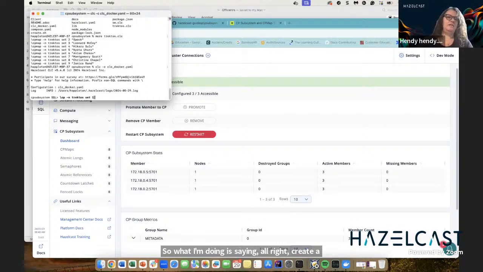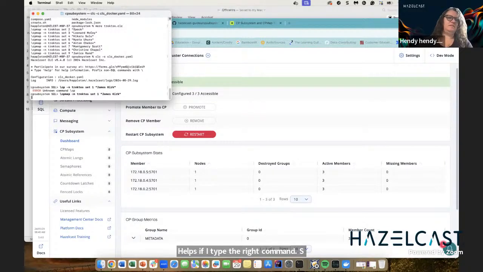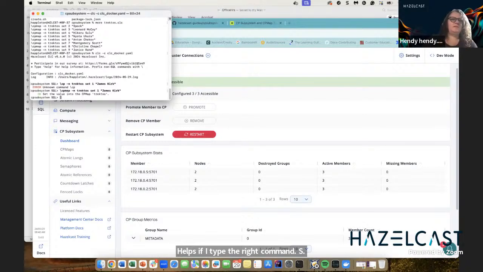And in key 1, we're going to set it to... it helps if I type the right command. CP map, not CP. Okay. All right, so magic is happening in the background. And so we've just created a CP map. Now it takes, there we go.